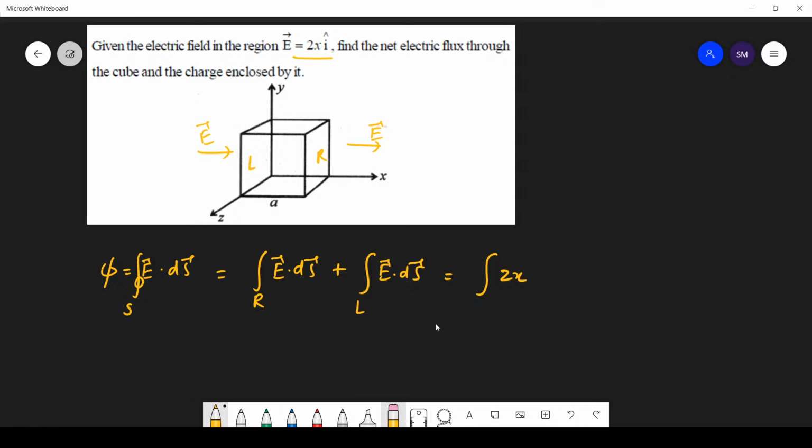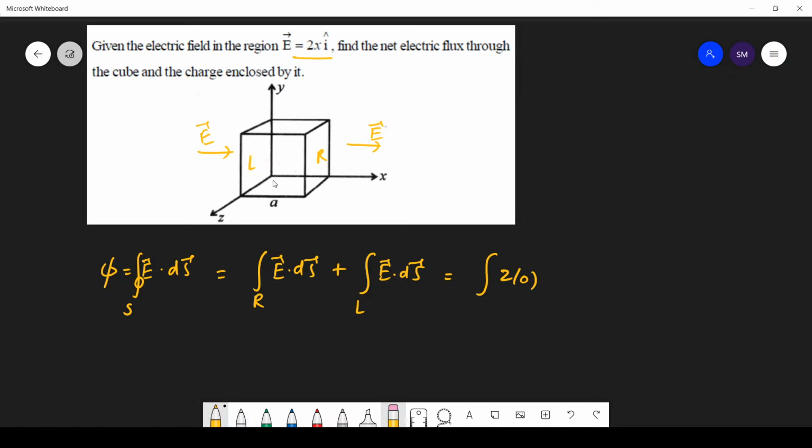What is the value of x here? This is the origin. So at this point, what is the field? It is in this direction. So what is the electric field at this point? 2 into 0 is 0. So for the first face, x will be 0.